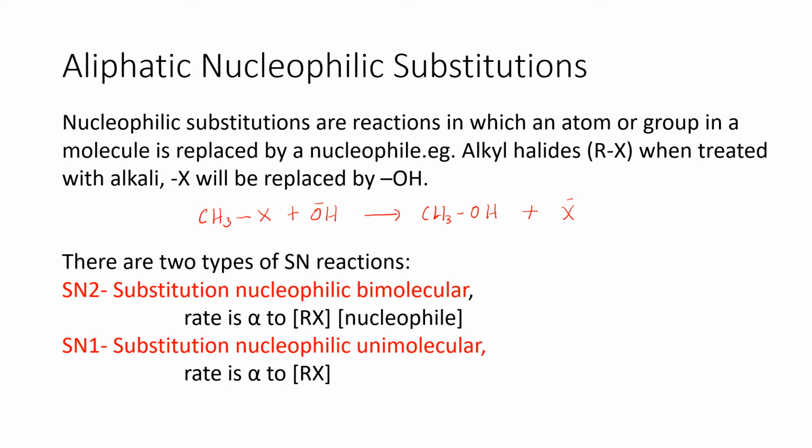Depending upon the mechanism, there are two types of nucleophilic substitution. One is substitution nucleophilic bimolecular, SN2, in which the rate of the reaction is proportional to the product of concentration of alkyl halide as well as nucleophile. Whereas in SN1, that is substitution nucleophilic unimolecular, the rate of the reaction is proportional to concentration of alkyl halide only.